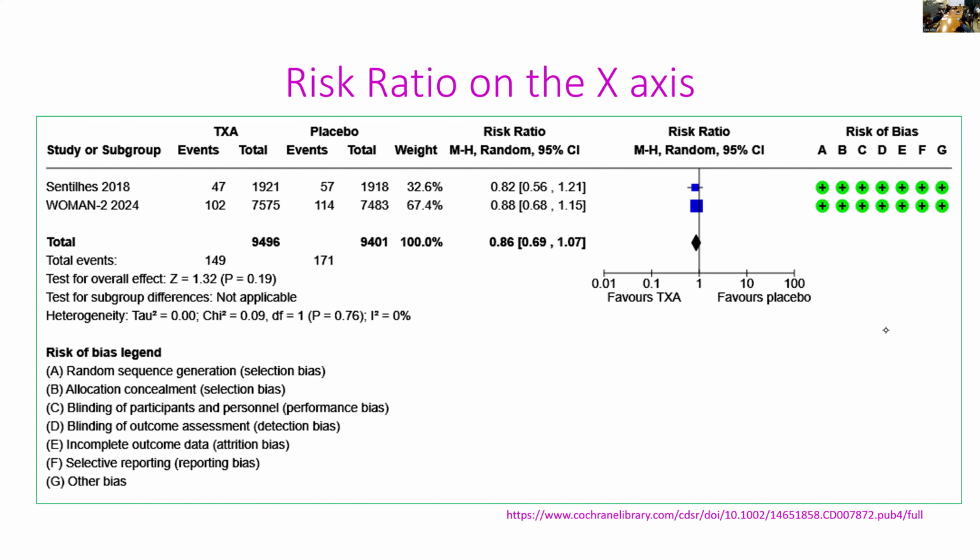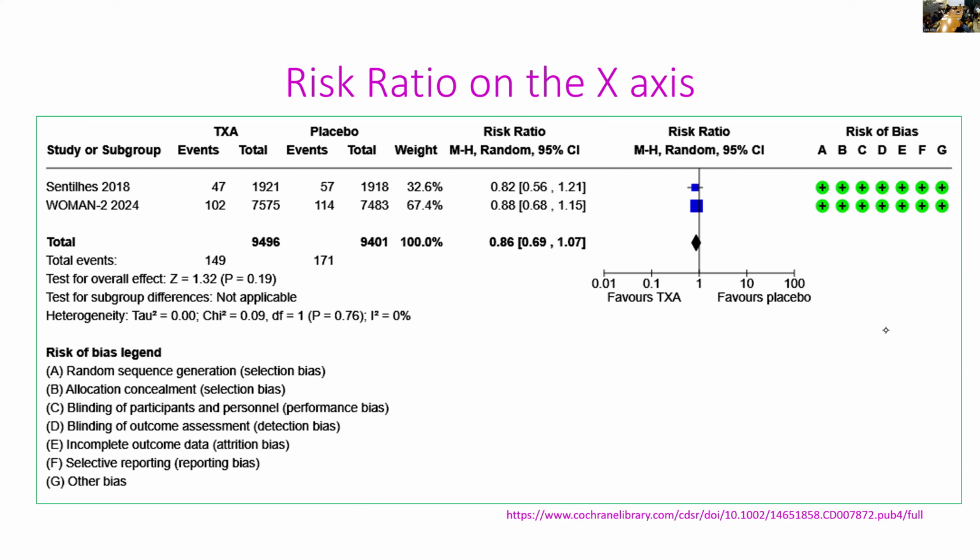So the first study, Sentinel Health 2018, the relative risk point estimate is 0.82, which is protection. But the confidence interval is crossing 1. 0.56 means a lot of protection, 1.21 means this side. But the picture tells more than this. That's why people like pictures.